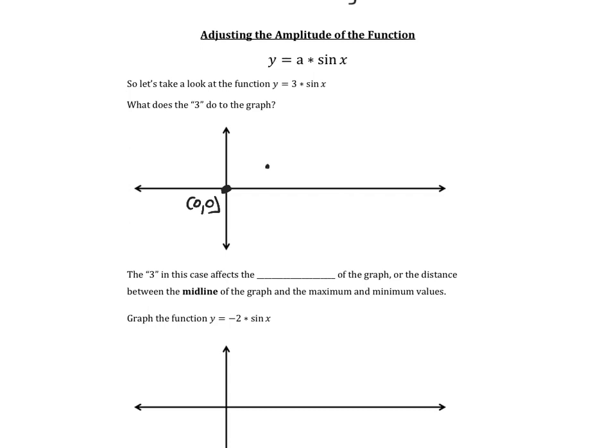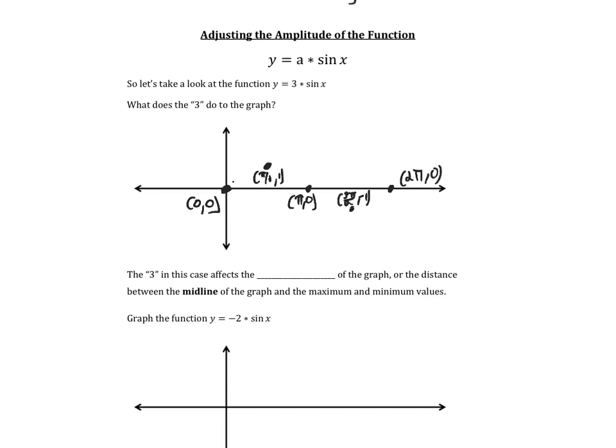If I do a regular sine graph, I know my next point would be pi over 2 comma 1. And I want to actually keep going. If I'm actually just going to draw the sine graph here. Pi comma 0. Okay, 3 pi over 2, negative 1, and then we end at 2 pi 0.